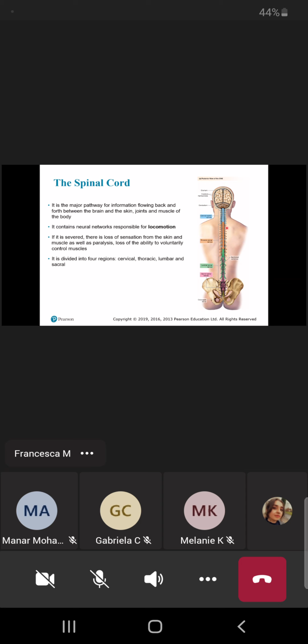So the information movement back and forth between the brain and our body is regulated by the spinal cord. It also regulates the movement, the locomotion. If there is any kind of trauma or damage at the spinal cord level, as a consequence we can have an impairment of the locomotion and of the leg functions.